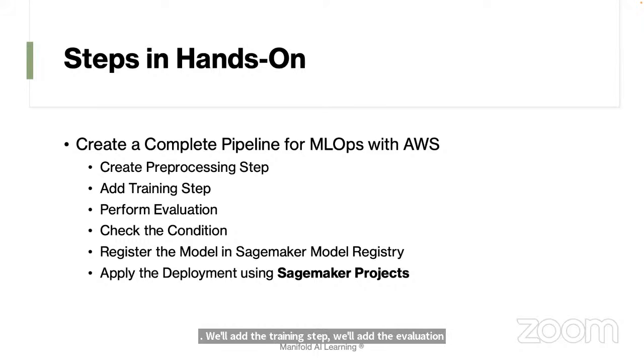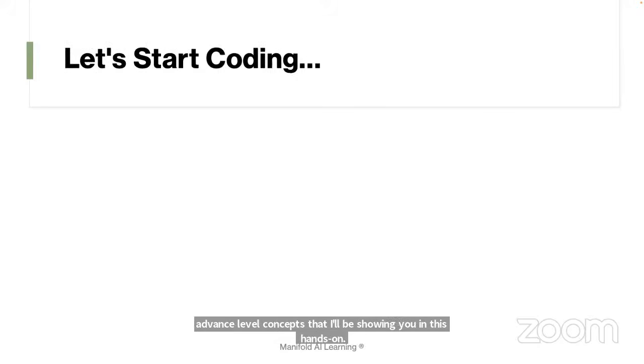Then once everything is done, I'll add one other step, registering the model in the SageMaker Model Registry. And we'll automate the deployment aspect using the SageMaker project. This involves basic to advanced level concepts that I'll be showing you in this hands-on. So let's start coding, guys. I'm going to launch my AWS.